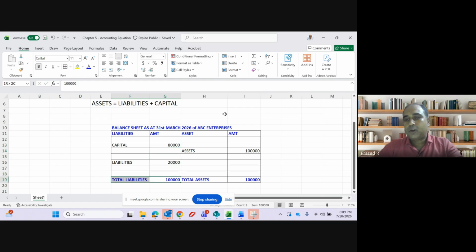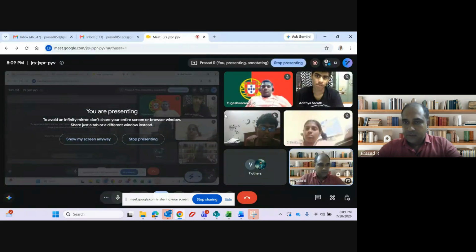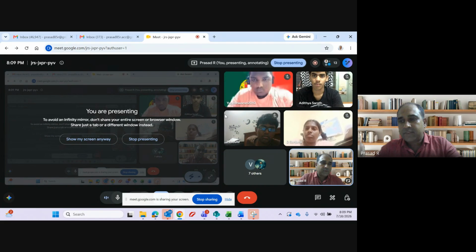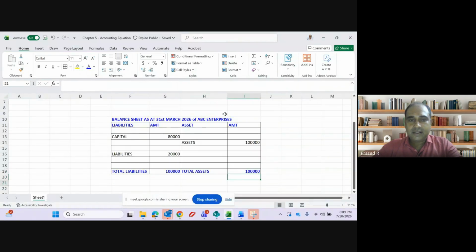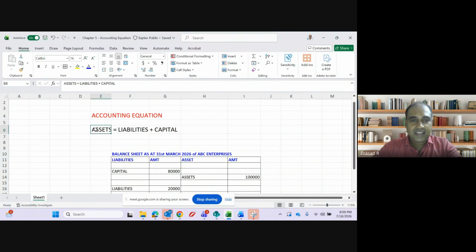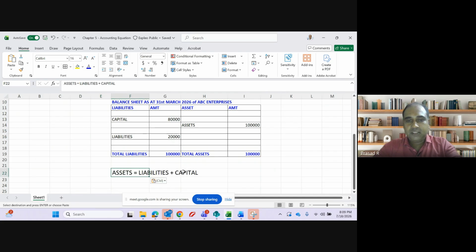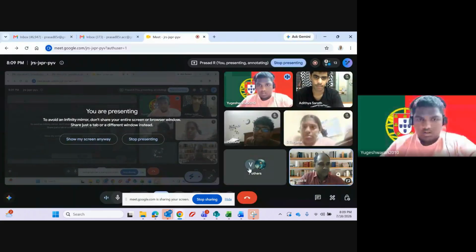Then only it will become a total of 1 lakh rupees. From here only the accounting equation has been derived. Clear? What is the accounting equation, guys? Assets equal to liabilities plus capital.